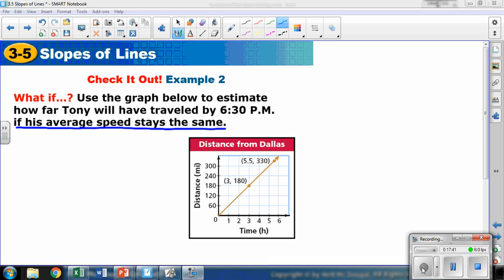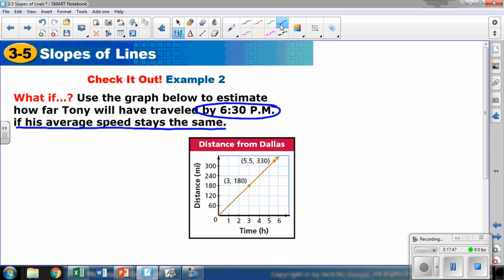Okay, so if we're saying by 6:30, all we need to do is come up to 6:30 in terms of a time period. 6:30 is, of course, 6.5 hours. So we come up and come over toward here and say, where is that?